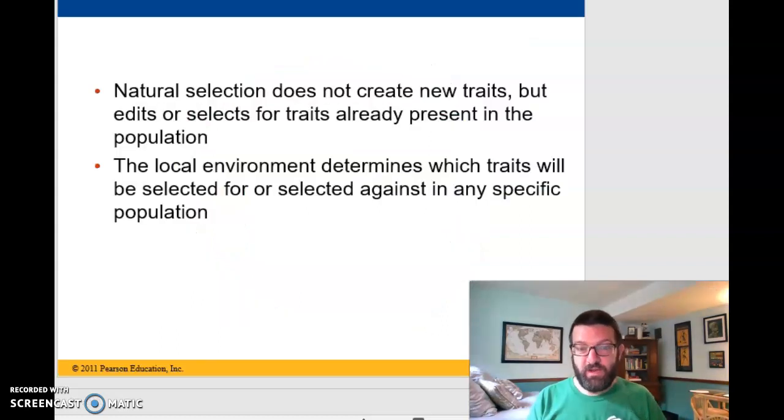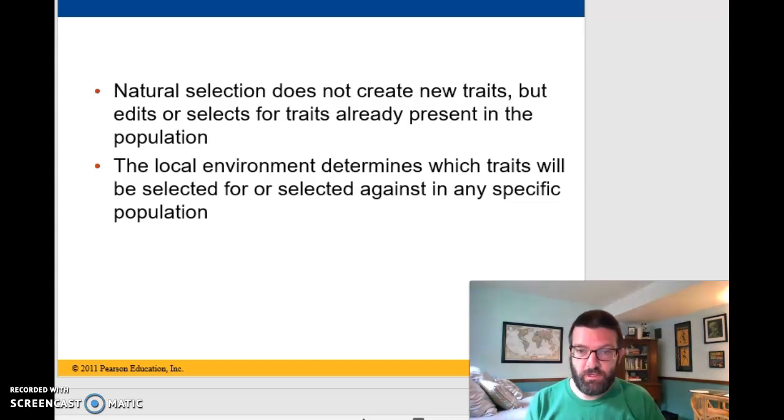Now, it's important to remember that natural selection does not create new traits, but it does sort of use existing variation to edit and select for traits that are present in the population that are more beneficial than other traits. And the local environment is going to determine what traits are selected. It's mutation that can cause new traits to pop up, and mutation is not particularly rare.